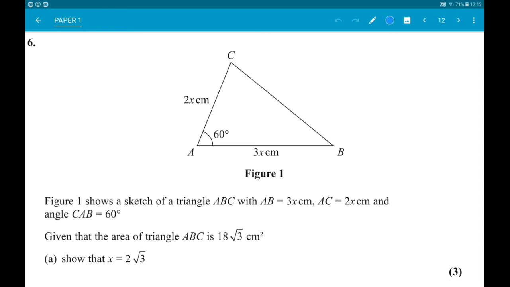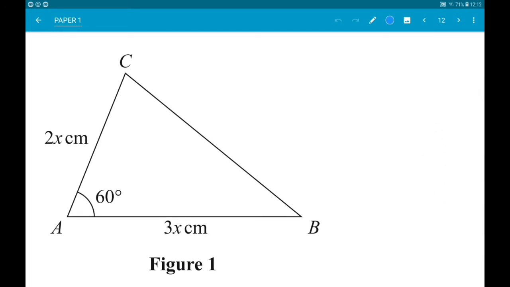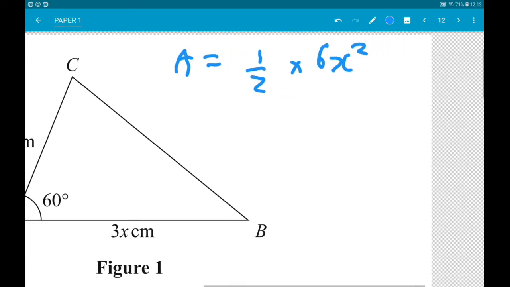So the area is 1/2 times the two sides coming out of the angle, so times 2x times 3x, so that's 6x squared, times sine of the angle, so sine 60.